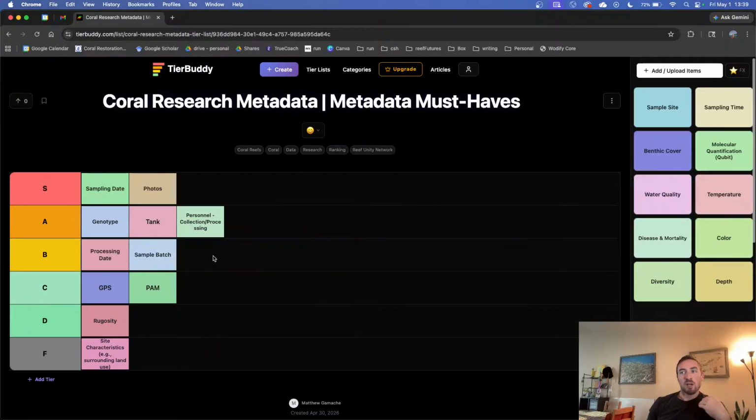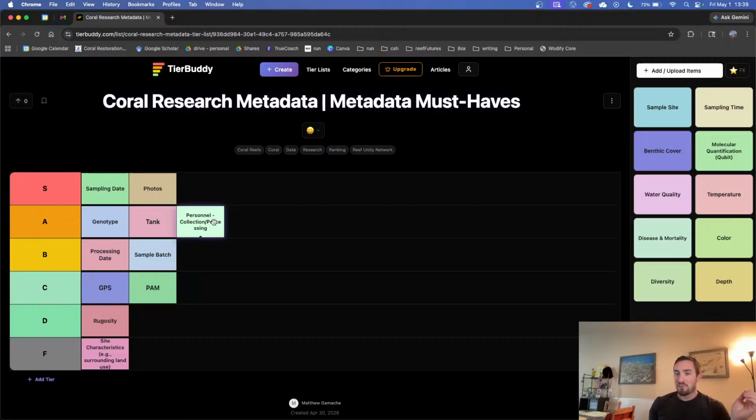So I'm gonna put it in B tier. I'm gonna put it below who's doing it. Although if it's the sequencing run, that's if you're doing a sequencing run, that's your biggest variation that you're gonna have. It's probably between sequencing runs.